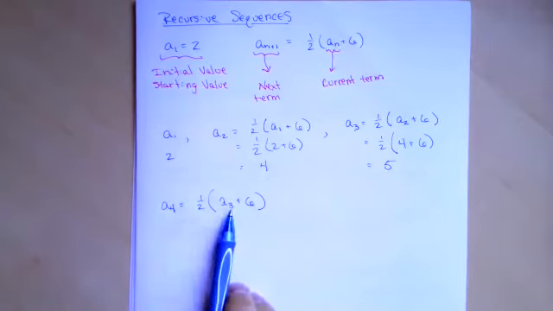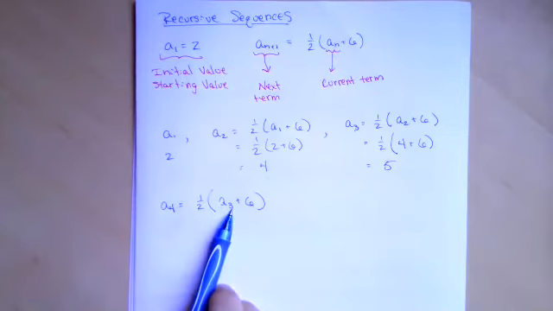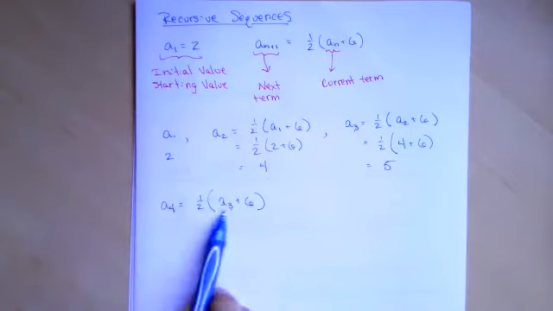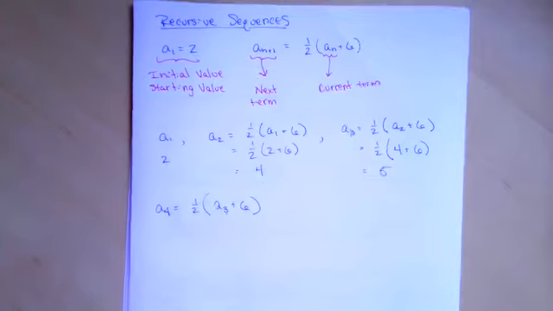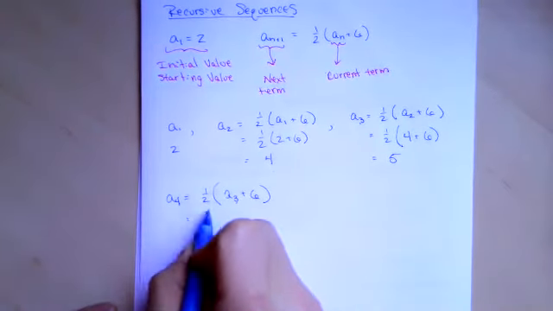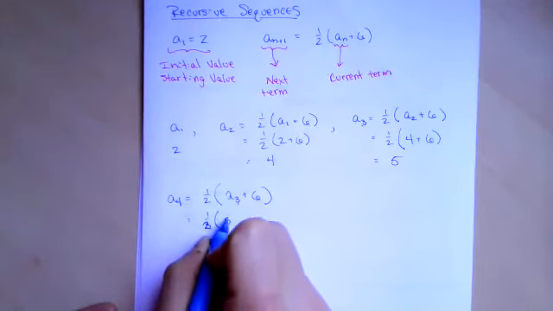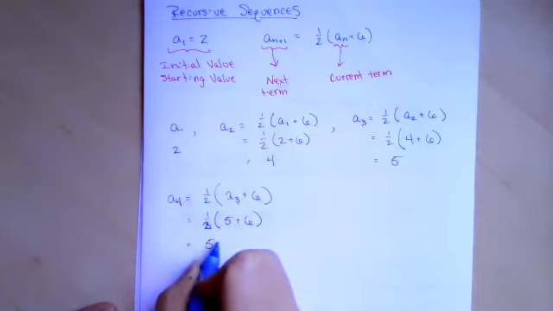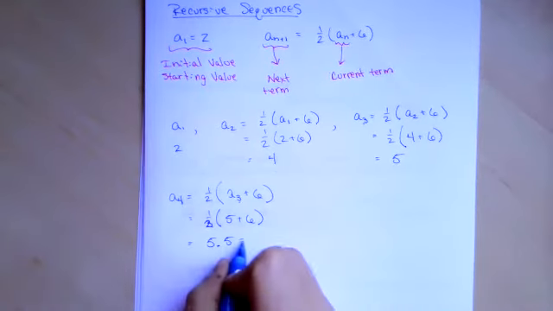So hopefully everyone can see, whatever my n is here, so if n is 3, then that will give me the result of my fourth term. So these should always differ by 1, because that's what is dictated by our recursion formula. So we continue to fill in. A3 was 5, 1/2 of 5 plus 6, and we get 5.5, or 11 halves, if we want to keep fractions.